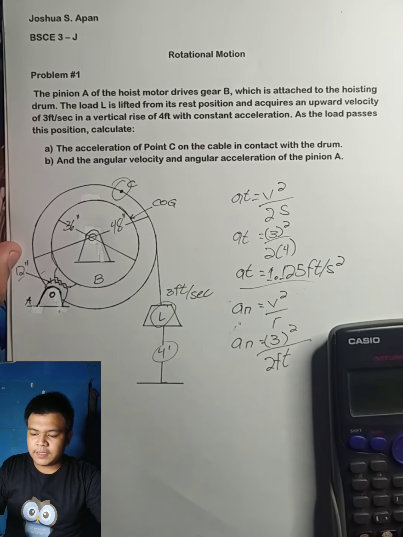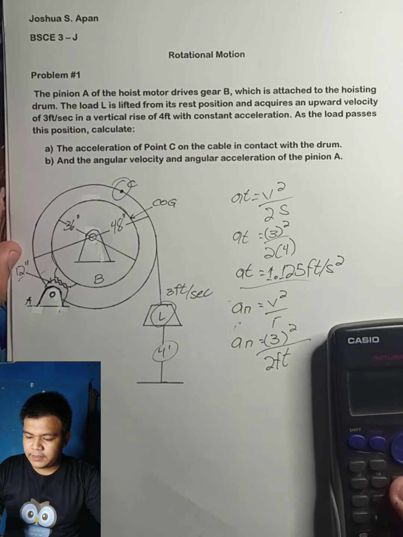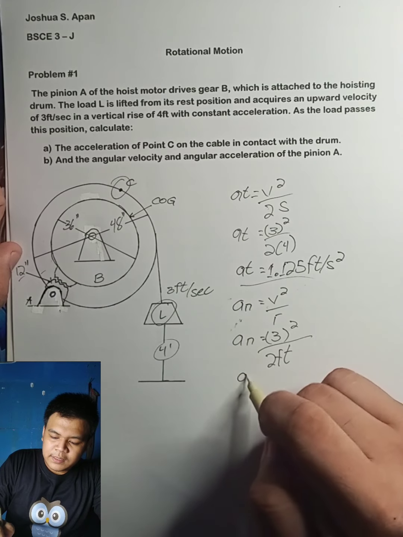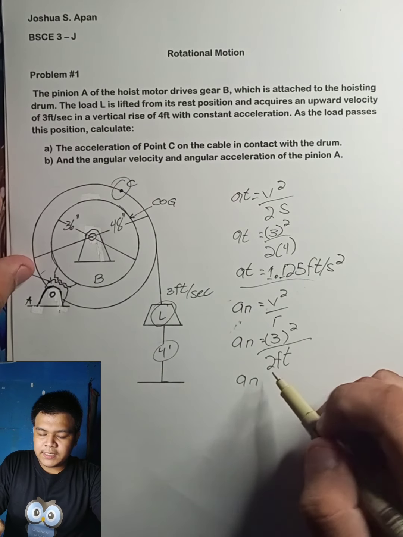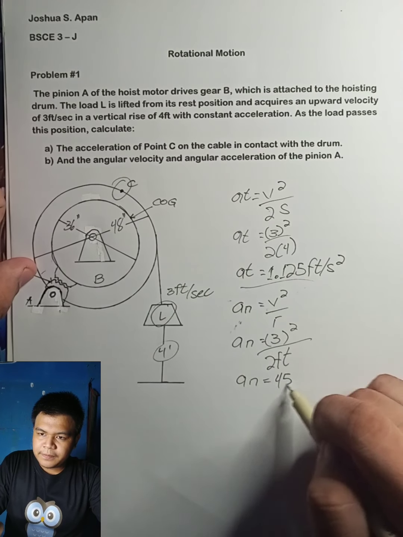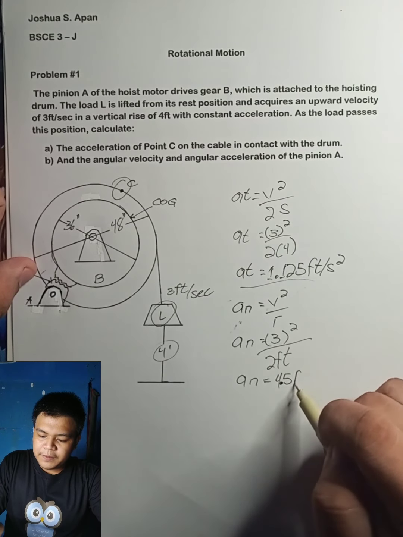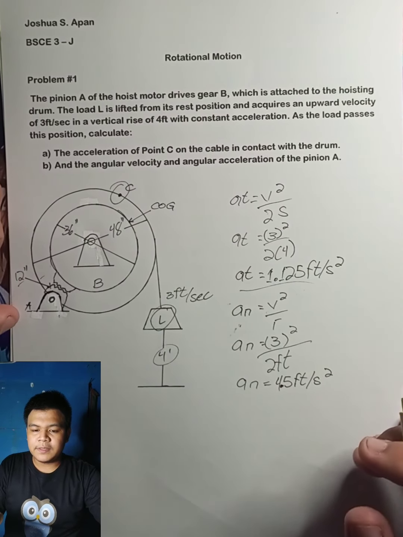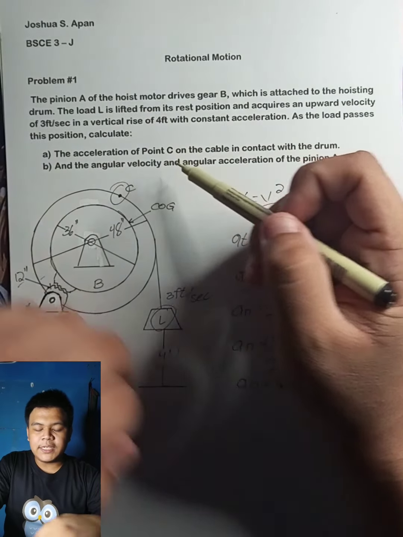So, kung i-calculator natin, 3 squared over 1, ang normal acceleration natin at point C is equal to 9 feet per second squared. So, kailangan natin is acceleration of point C.